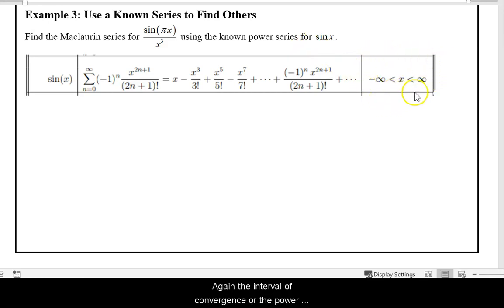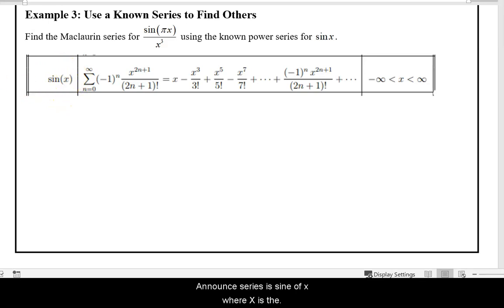Again, the interval of convergence for the power series of sine x centered at 0 is all real numbers. That will tell us that when we find a power series for this unknown series, it will also be convergent over all real numbers. First, we compare what we're trying to find with the form of the known series.